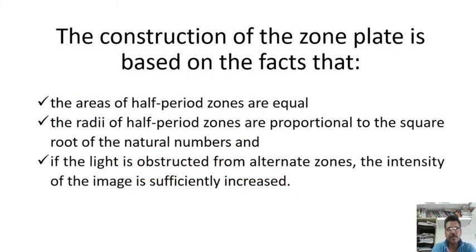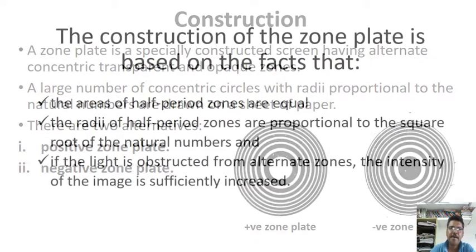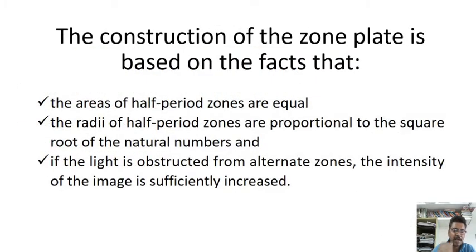Now here we discuss the construction, based on how the zone plate is going to be constructed. The zone plate is spherically constructed. The areas of the half period zones are equal.